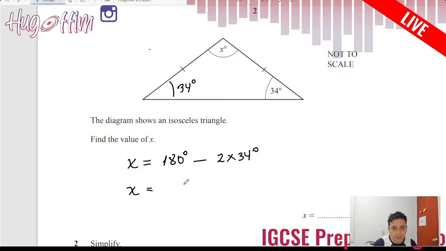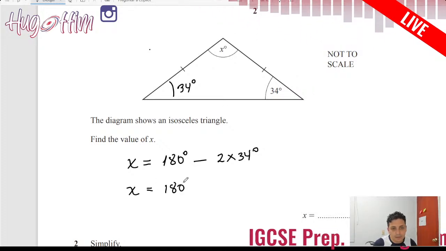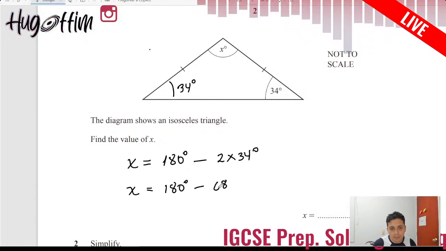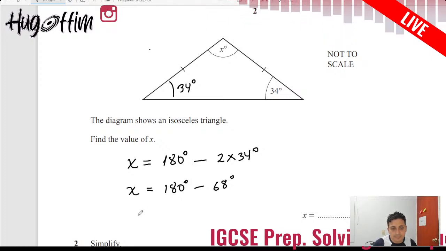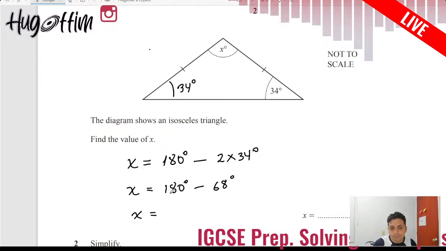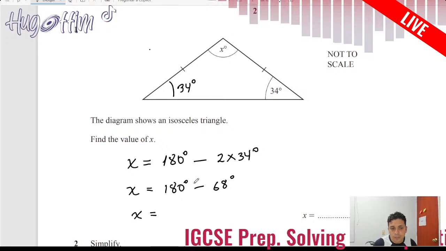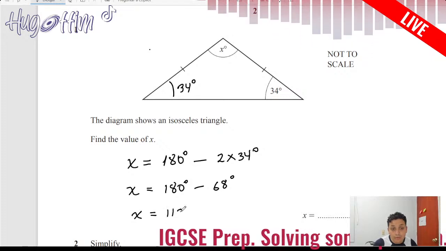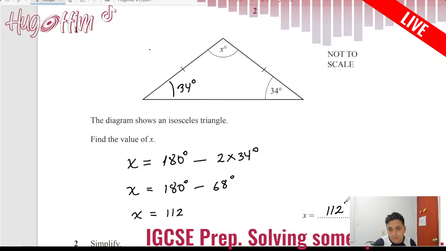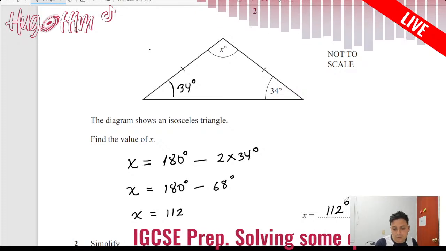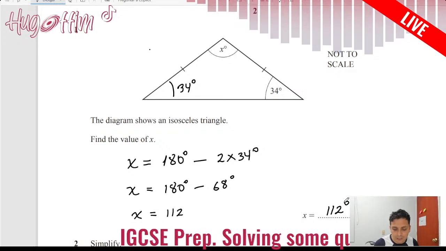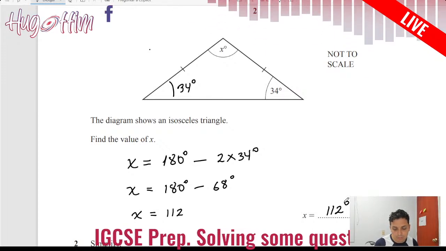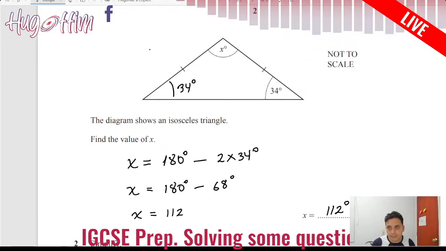So x equals 180 minus 2 times 34, which is 68. So x equals 112 degrees. Okay, I'm just going to check with the calculator that I did the subtraction correctly. 112, correct.